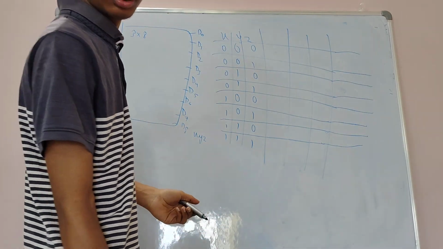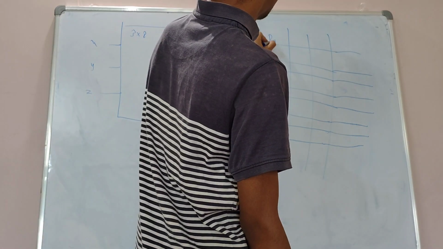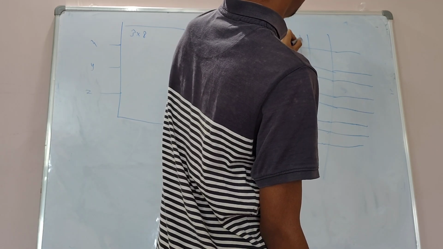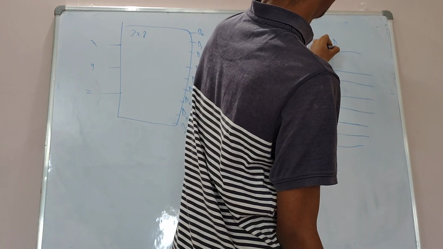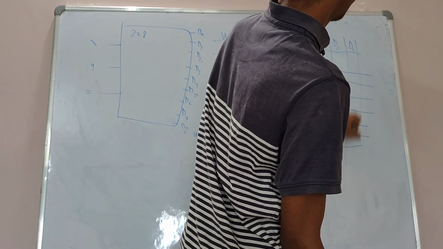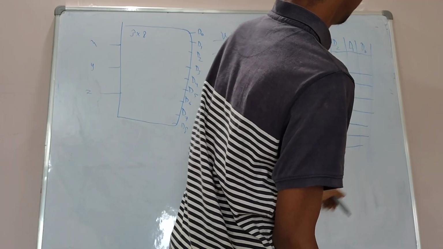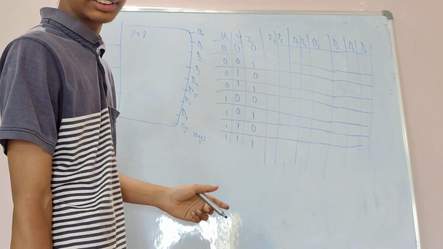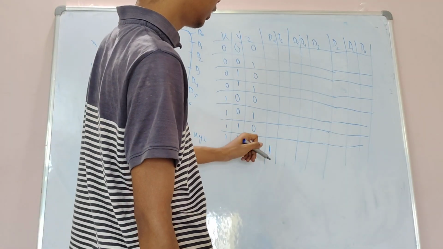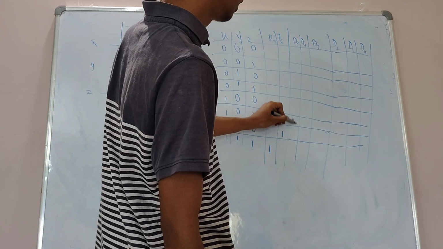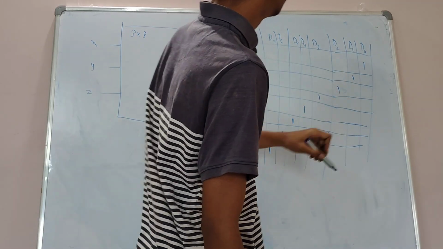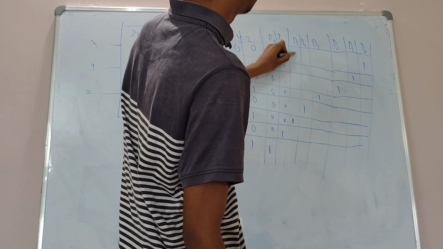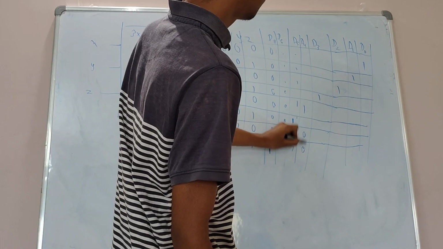And here is my D7, here is my D6, D5, D4, D3, D2, D1 and D0, right? So I have what? Accordingly, suppose for D7 I have 1 here, for D6 I have 1 here, like this diagonally, and the rest I am having 0, right?